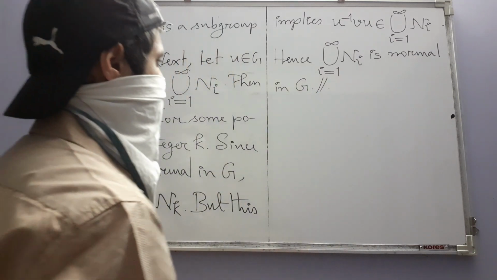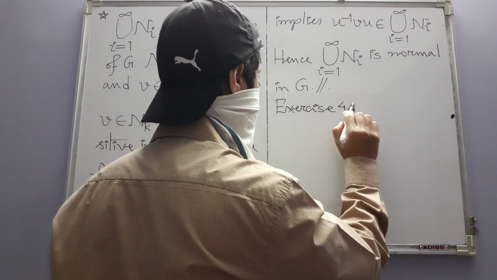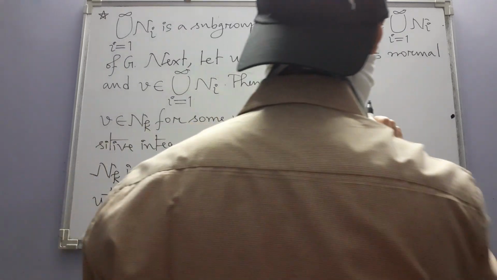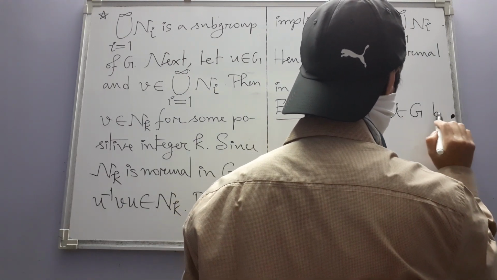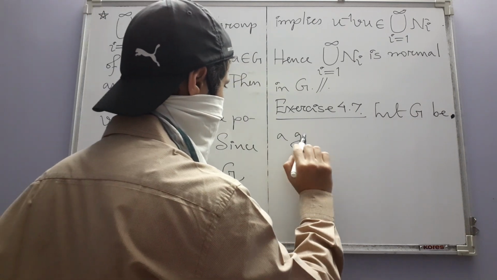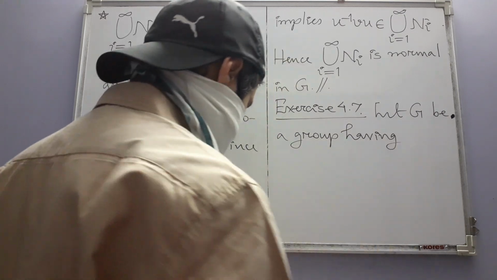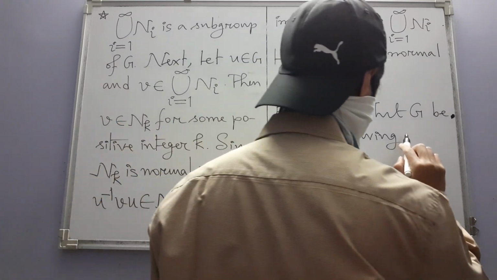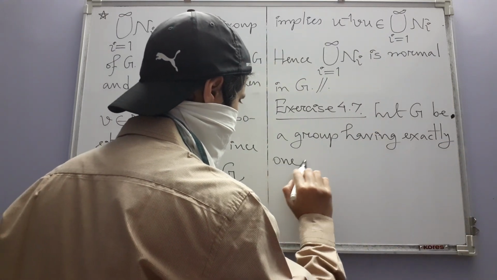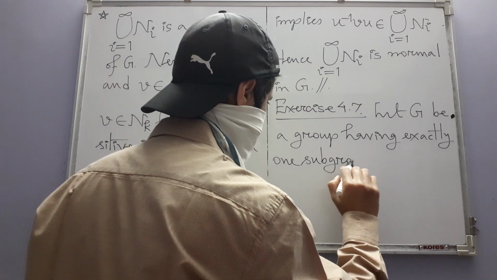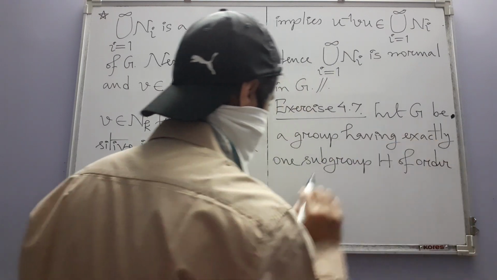Then let's see the next one. Let G be a group having exactly one subgroup H of order n.